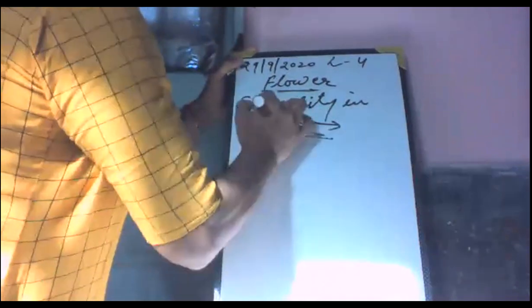If both reproductive parts, anthers and ovary, stamens and pistils, are present in one flower, they are known as bisexual or hermaphrodite.